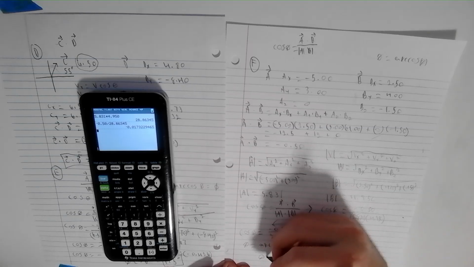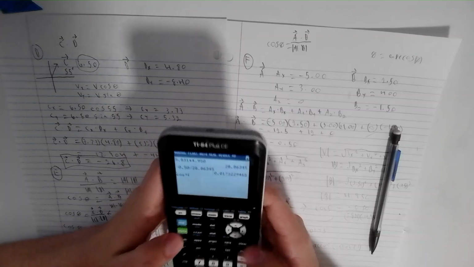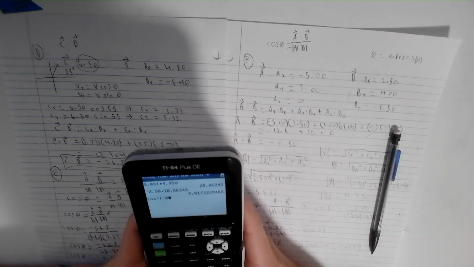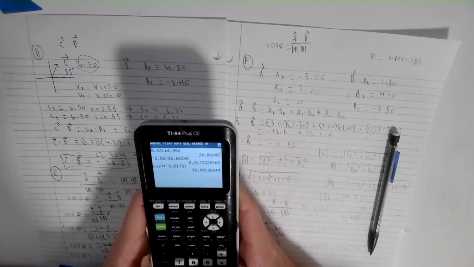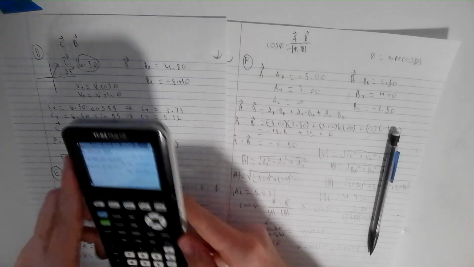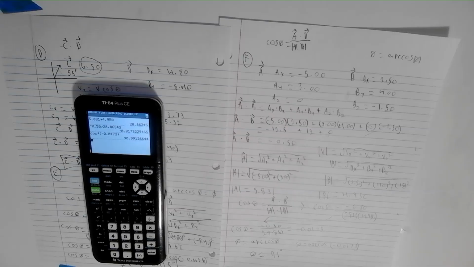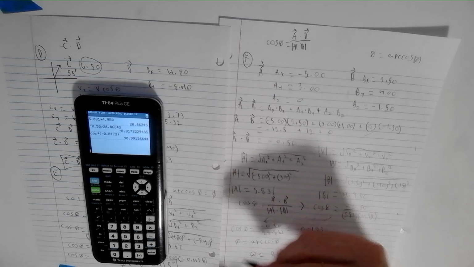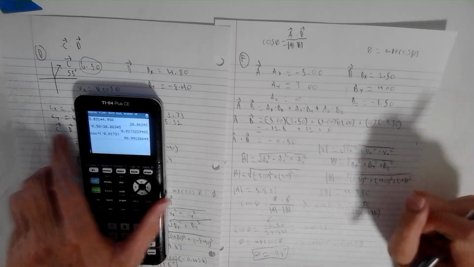Let me plug that in. And we get 90.99, which would be rounded to 91 degrees. And that's the angle between the vectors A and B. And that's that. All right.